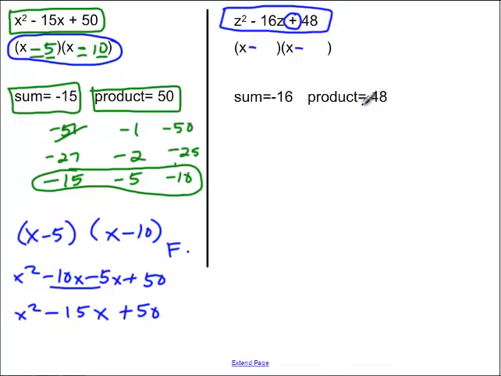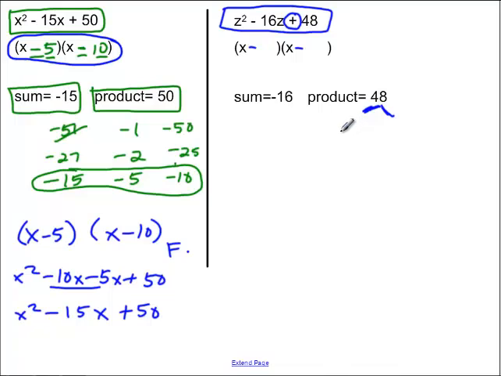We have to find the magic numbers, let's say, that are going to multiply together to get to 48 and add up to -16. So we'll just go through and start with if something jumps out. Sometimes this is very intuitive, and you can say, oh, I get it, that one just jumps out at me. Sometimes not. If it doesn't jump out at you, then start going through this method.